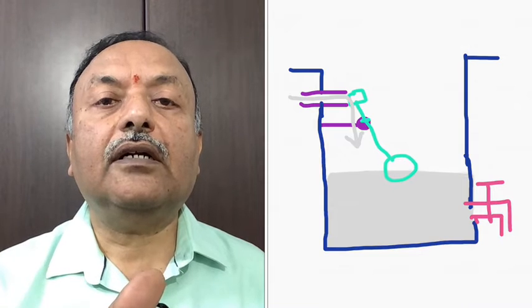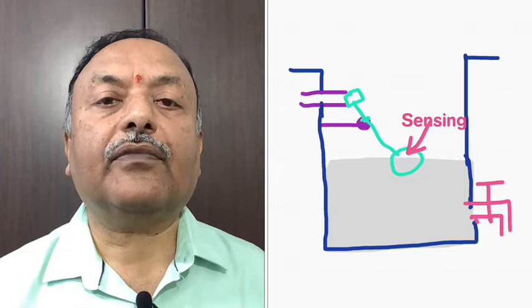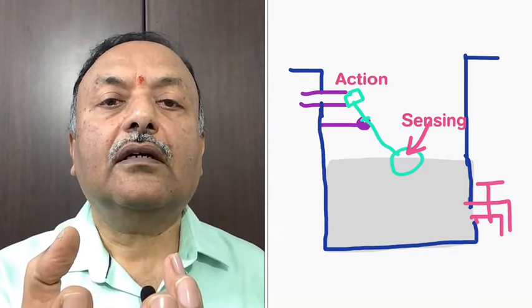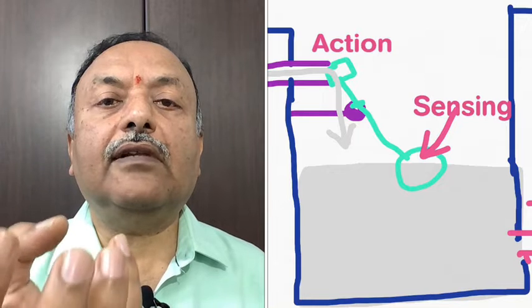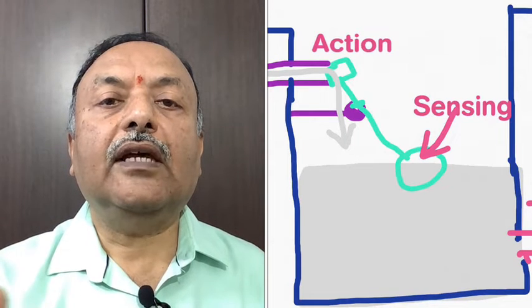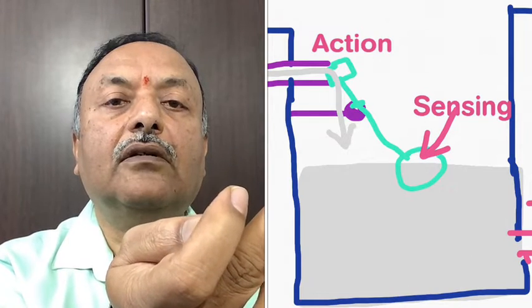That is nothing but the float and ball valve arrangement. Here the float is the sensing element. It will sense, then that pressure is transferred to the valve, and when the tank is full, or up to the desired level, the inflow is automatically closed.